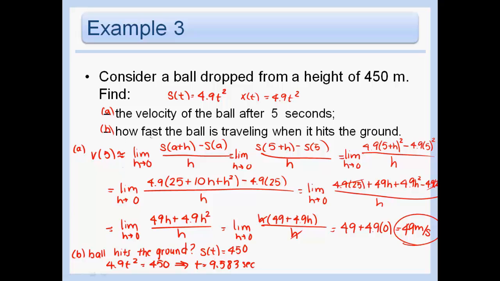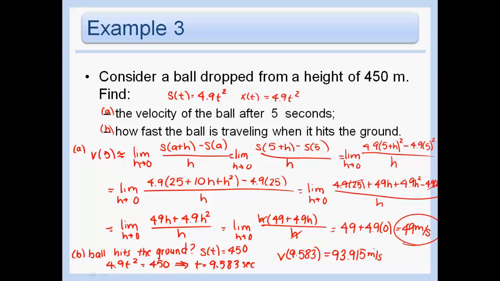But it asks you how fast is the ball traveling when it hits the ground. So you're going to need to find the velocity after 9.583 seconds. So go ahead and do the same process that you did here, and you should get 93.915 meters per second.